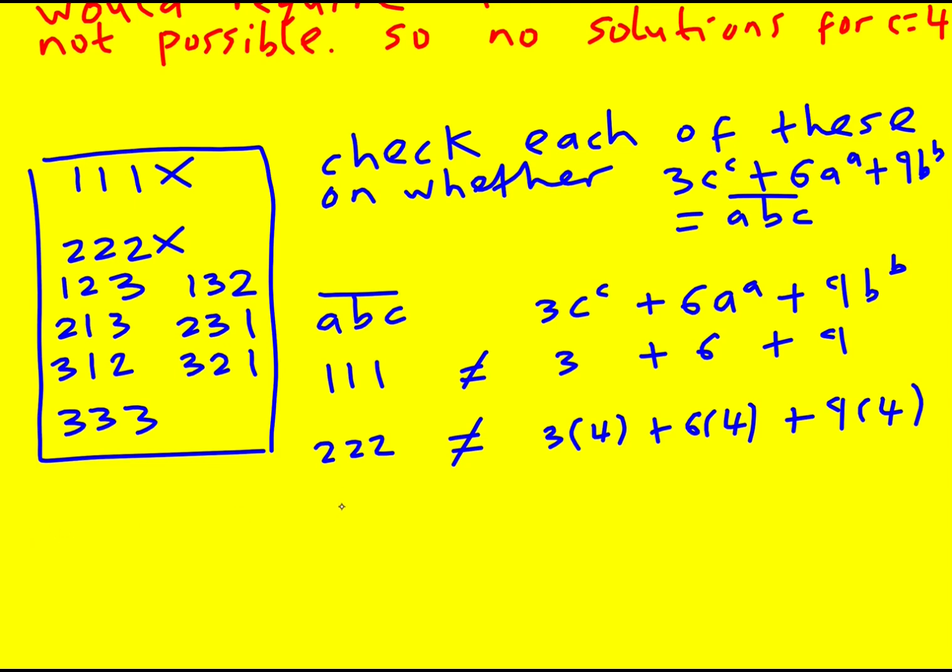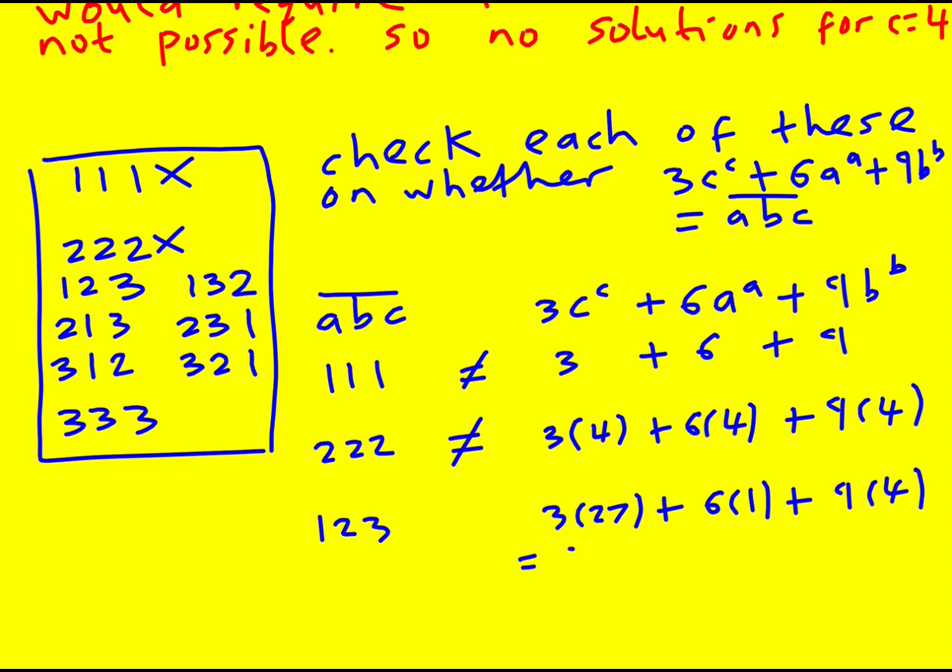1, 2, 3. Okay, I've got to be a bit more careful now. So I've got to remember C is the last one. So it's going to be 3 times 3 cubed, which is 27, and then it's the A, so it's 6 times 1, plus 9 times 4.